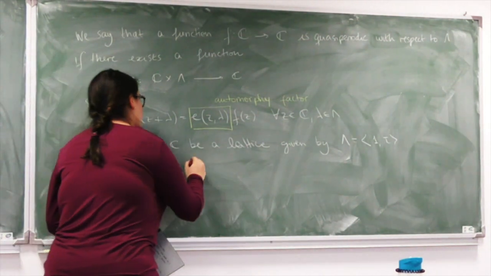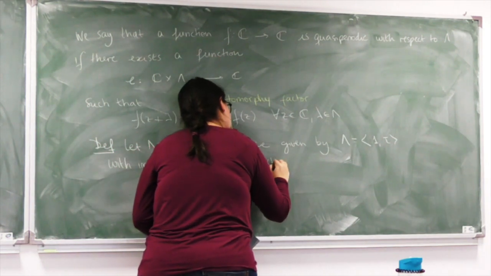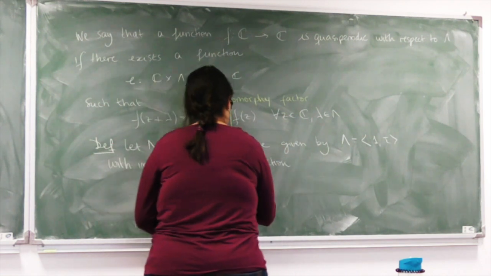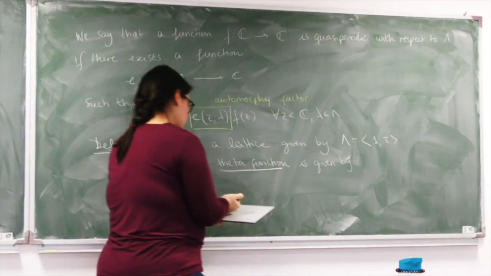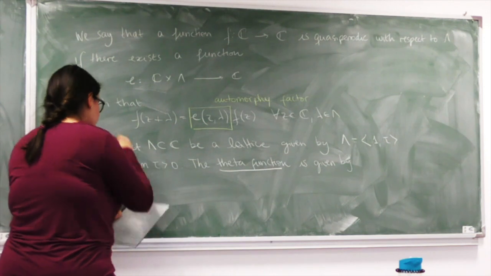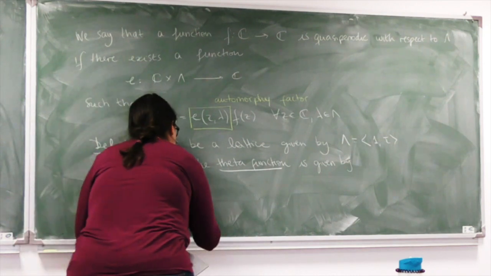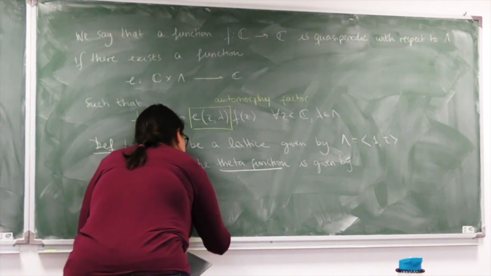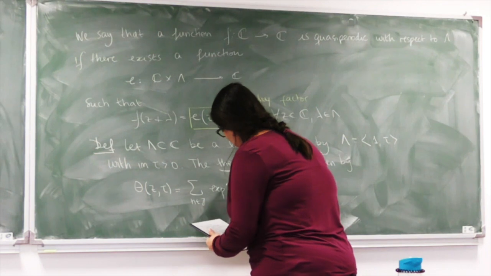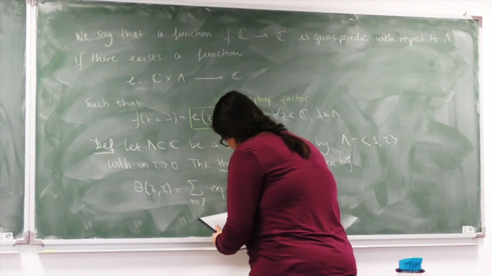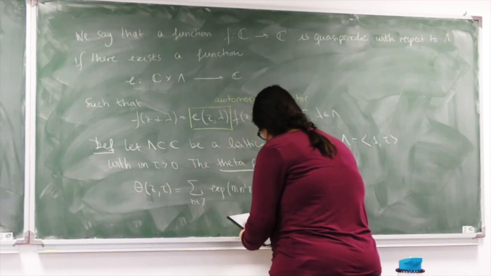And here we define the theta function of z, tau equal the sum over all the integer numbers n of the exponential of pi n squared tau plus 2 pi n z.